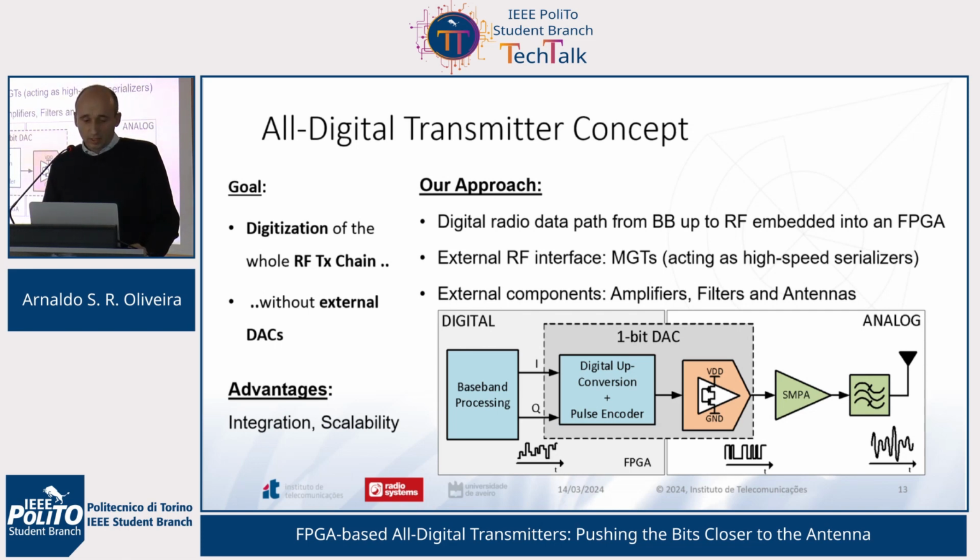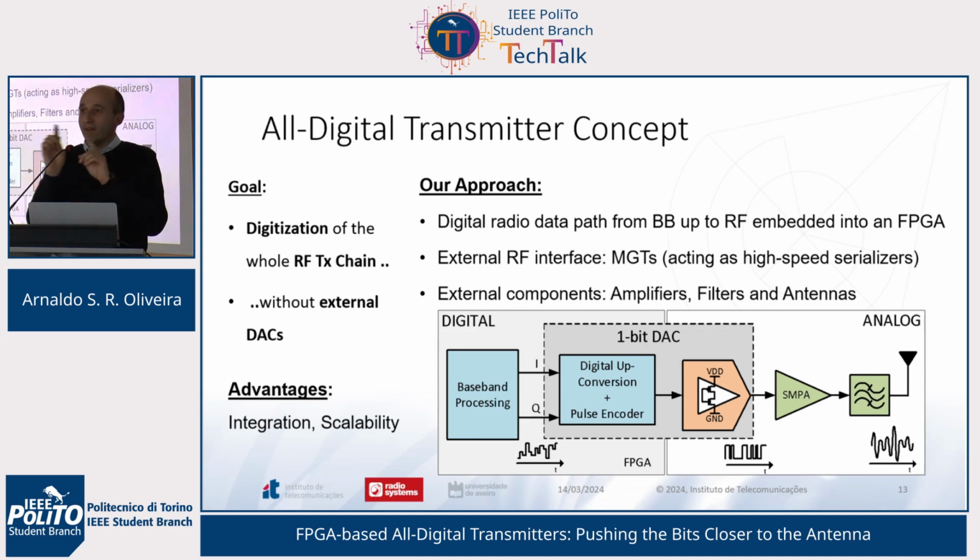As I mentioned, the external components are basically the amplifiers, filters, antennas, duplexer, the RF switch, what is needed in order to implement the traditional RF chain. In this picture, it is shown exactly this structure. So starting with baseband, then we need to perform in the digital world the up conversion and pulse encoder or modulation.